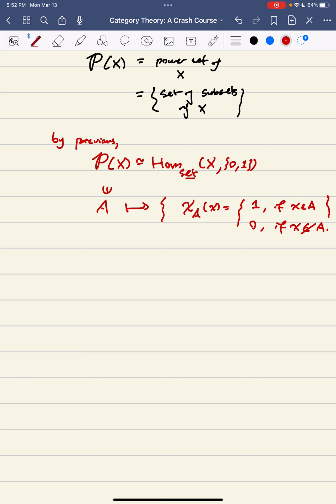But in fact, I was being very sneaky, because you can also represent the power set as a functor from the category of sets to the category of sets. In fact, it's contravariant.